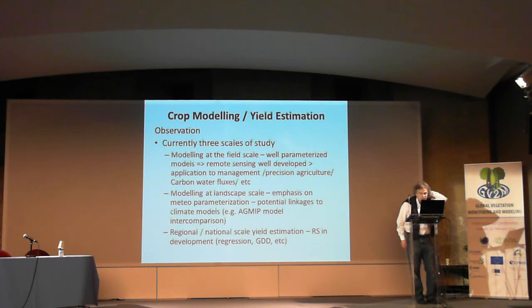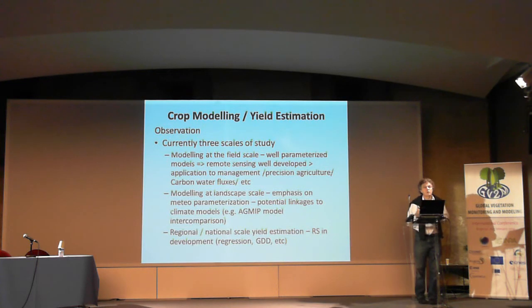The second is the modelling at the landscape scale, with emphasis on parameterization by weather data, meteorological parameterization, and with potential linkages to climate models, so that we can go into the future and change the humidity, rainfall and temperature, and get some estimate of what's going to be happening in terms of production in the future. And there's a whole program called AgMIP, which some of you are involved in. I know our colleagues at Wageningen are very much involved in that, to do intercomparison between these models.